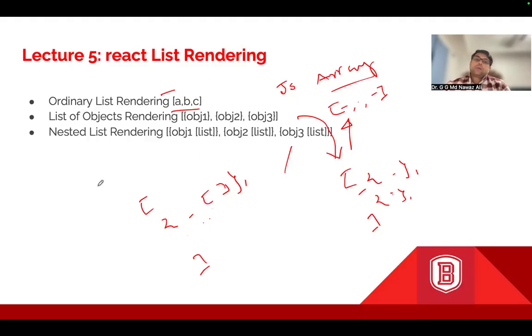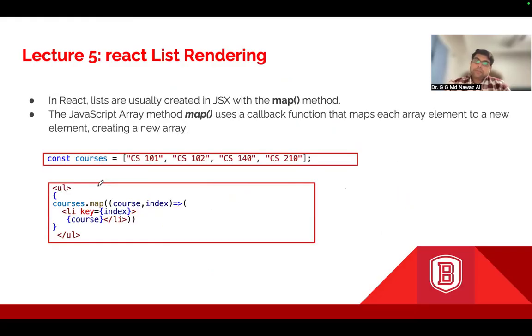First we'll see the rendering function, which is called map. In React, we use the map method. You have an array, so for example, here you have the course array, which is a couple of strings.